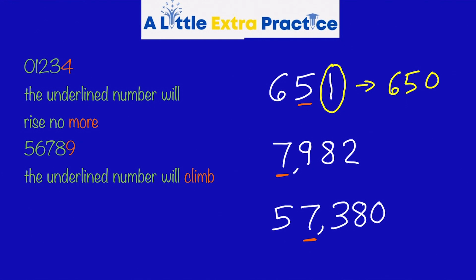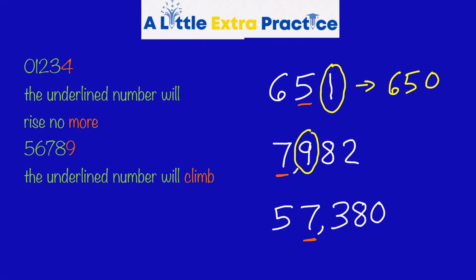If you want to think of this as putting a 0 over the number, that's one good way to remind you to turn that into a 0 at the end. The next number, 7,982. The 7 in the thousands place is underlined, so we're rounding to the nearest thousand. I'm going to circle the number to the right. It's a 9. 5, 6, 7, 8, 9, the underlying number will climb.